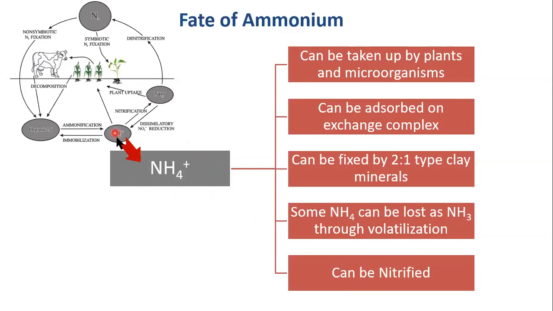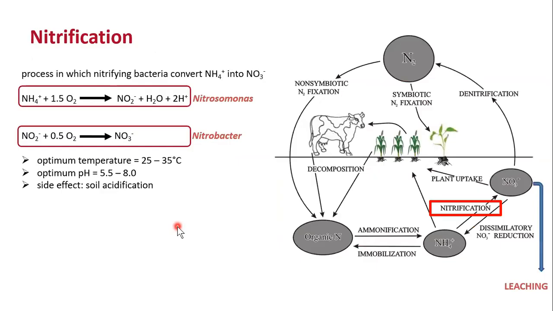So ammonium can be converted to nitrate, which is called nitrification. What is this actually? Nitrification is the process in which nitrifying bacteria convert ammonium into nitrate. This is generally in two steps. In the first step, the Nitrosomonas convert ammonium into nitrite, and then nitrite is converted through Nitrobacter into nitrate.